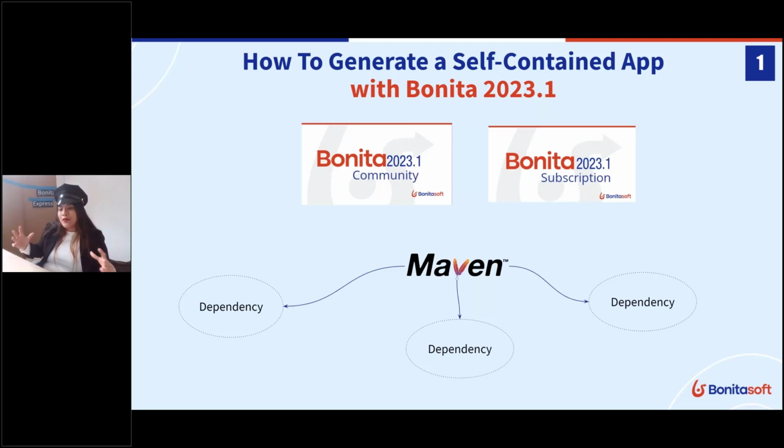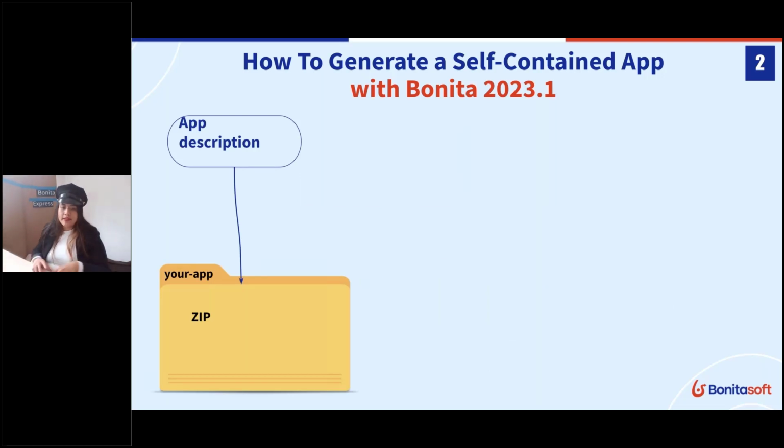Once you are ready, because you have your application dependencies and you're good to go, we can go to step number 2, which is creating a zip of your application. This is the step with Bonita 2023.1.